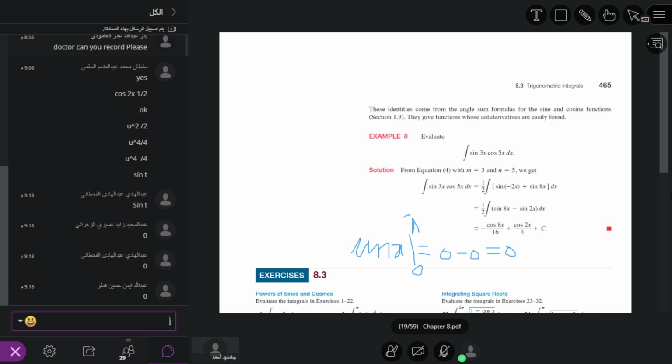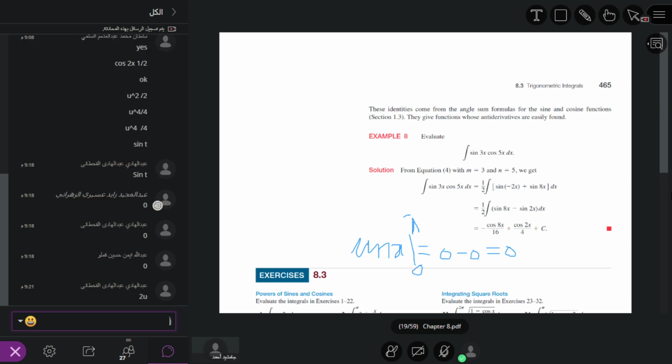Now we get u square plus u power 4. What is the integral of u square?